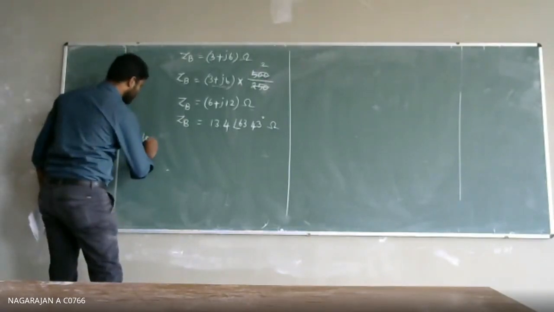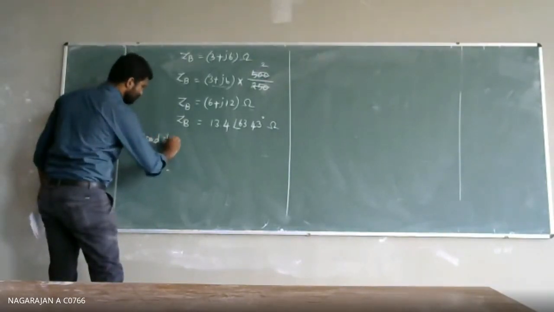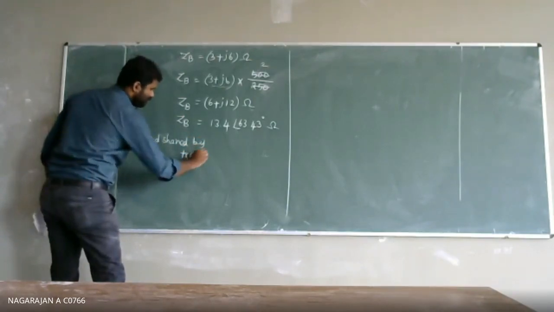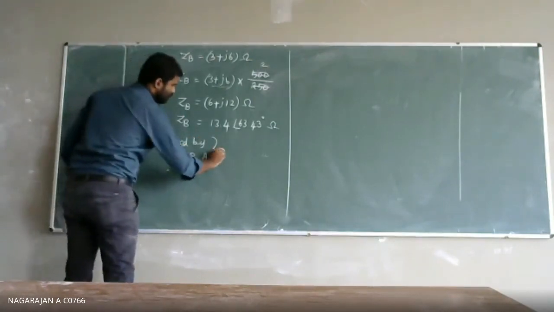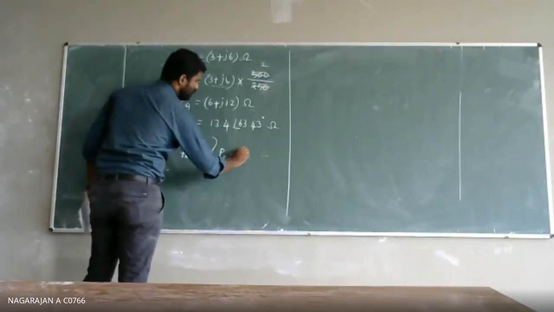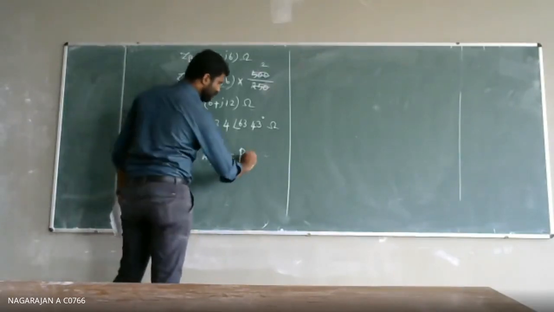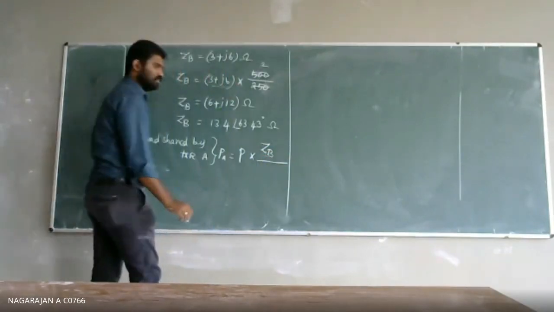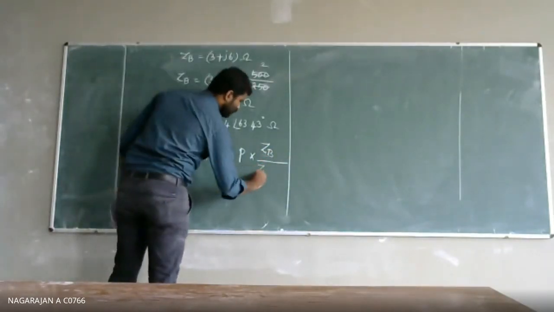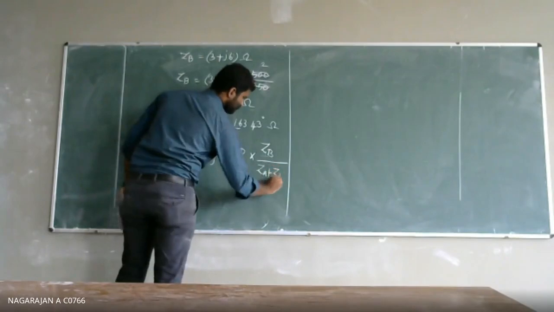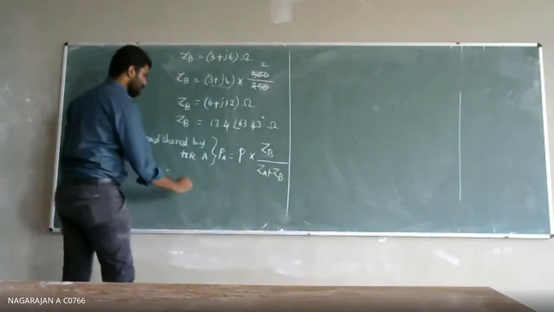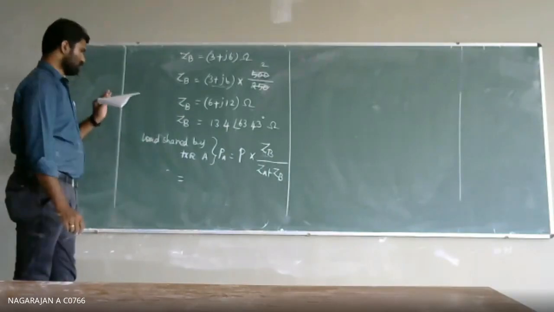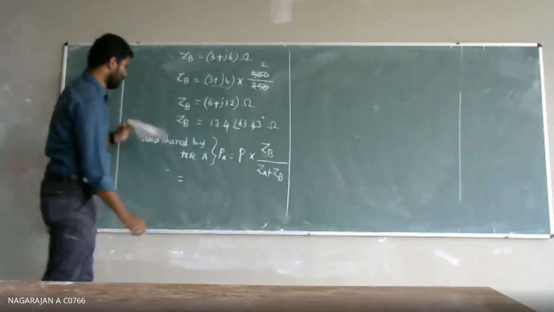Load shared by transformer A: SA is equal to total power required into impedance of the opposite transformer ZB divided by total impedance. Total load required is 350 kVA.